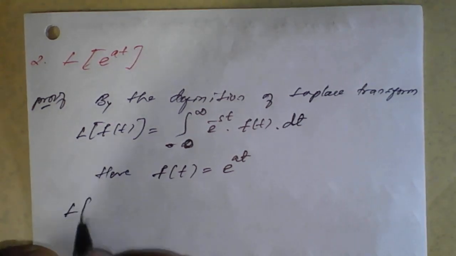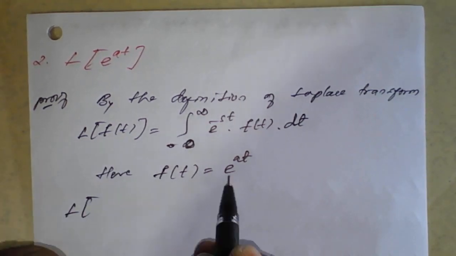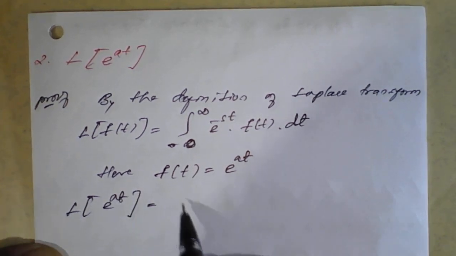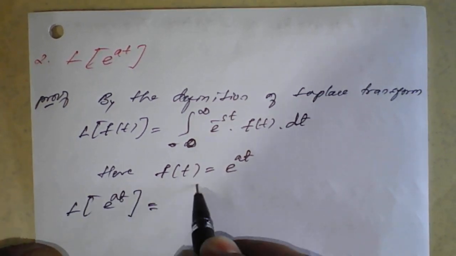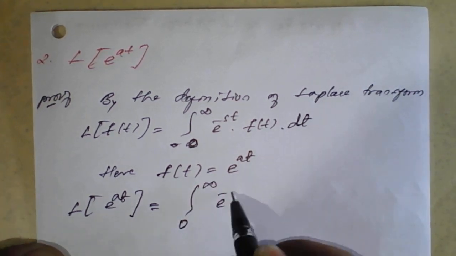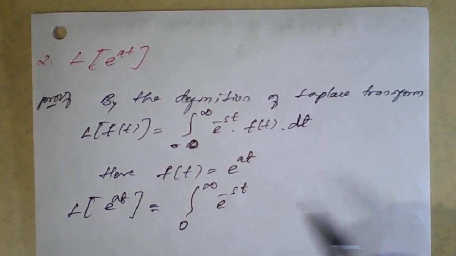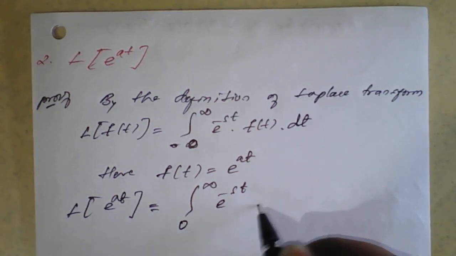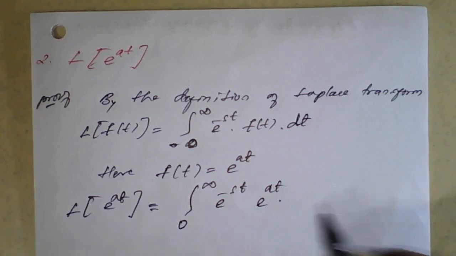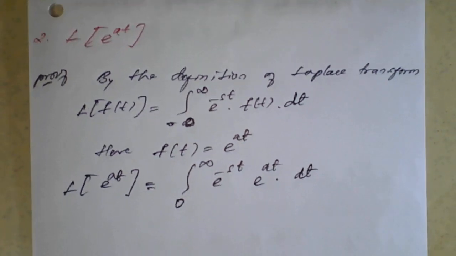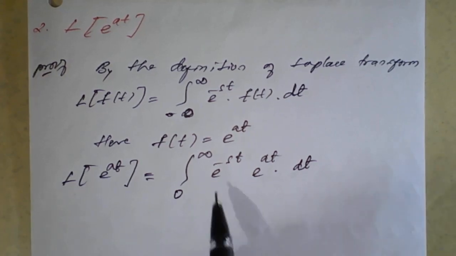So L of e raised to at is equal to the integration from 0 to infinity of e raised to minus st as it is, and in place of f of t we replace e raised to at, into dt. Now, as per the algebraic concept, we need to simplify first.